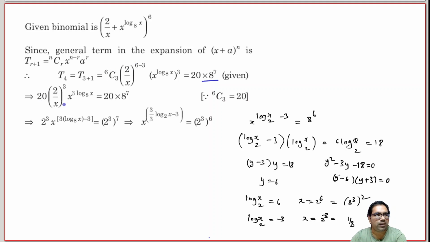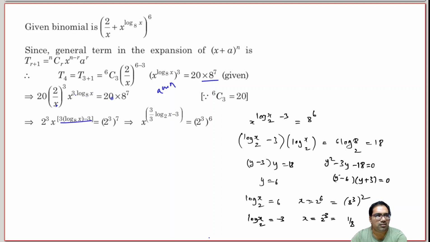So this is 2^3/x^3 and x^(3 log_8 x). Right, (a^m)^n is a^(mn), that is 3 × log_8 x. Right, we have 20 × 2^3 and x^(−3), which becomes x^(3 log_8 x − 3).